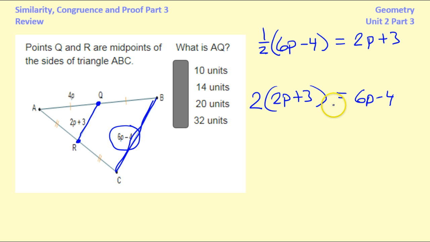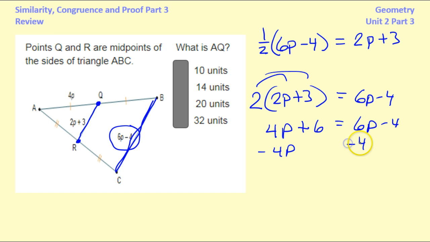I don't care which way you do it. So if I do it this way, I'm doubling the small side, it should equal the big side. So a little distributive property tells you that this is going to be 4p plus 6 is equal to 6p minus 4. And then I'm going to subtract 4p from both sides.